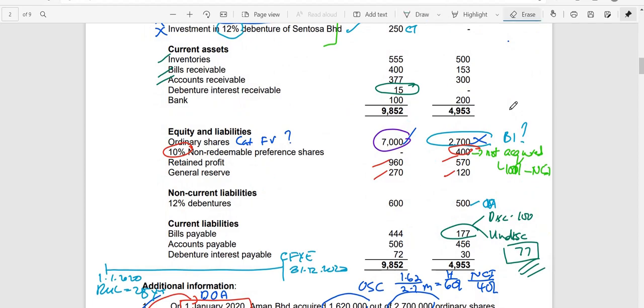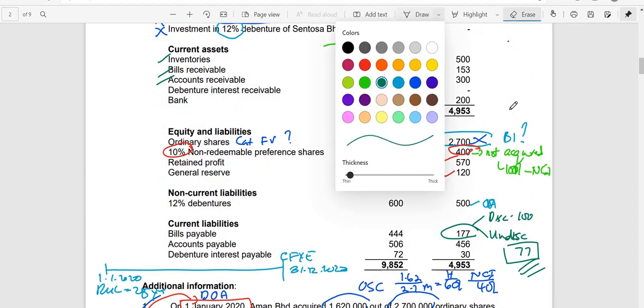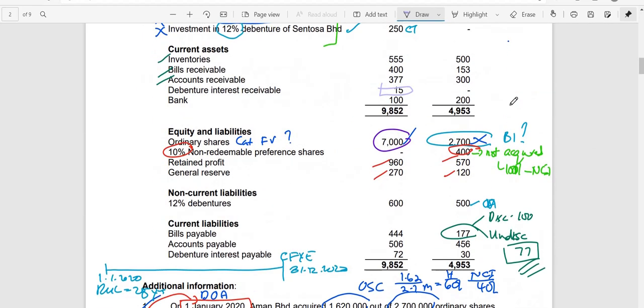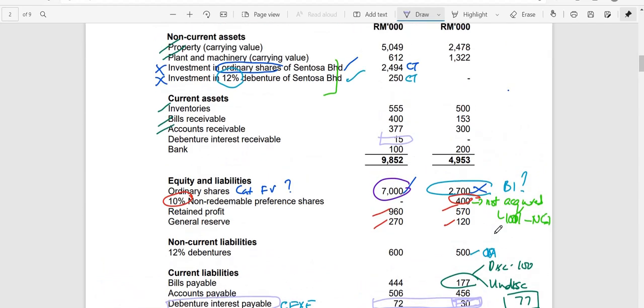Let me just use a different color, one that has not been used yet. This color shows you the debenture interest receivable here with the debenture that you have here. Here is the debenture interest payable by both companies, but what you need to take note of is this portion where 30,000 was declared by the subsidiary and has already been recorded by the parent.